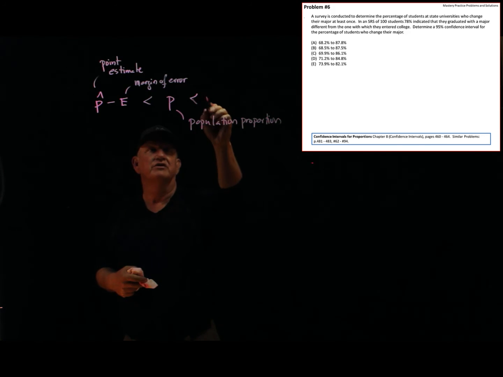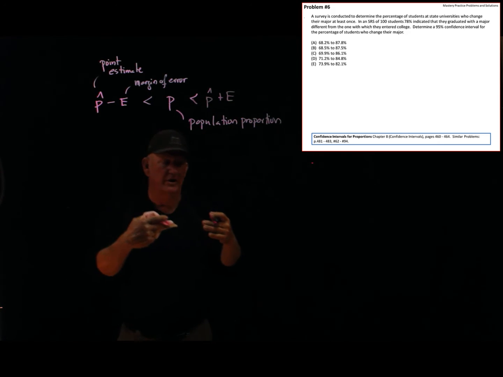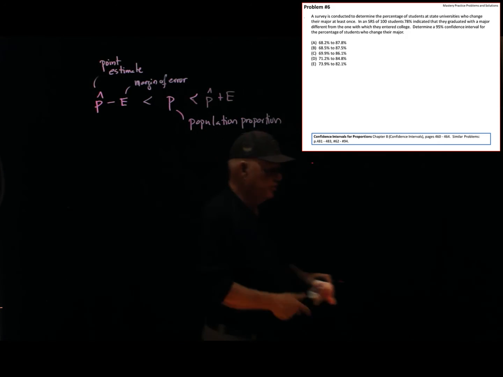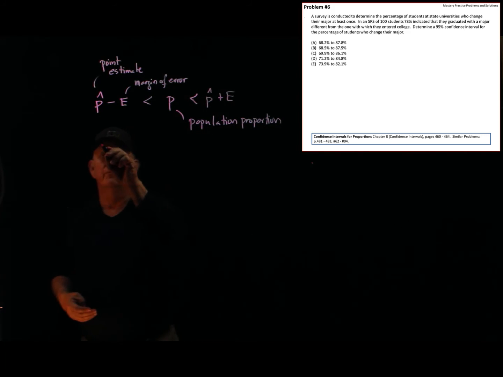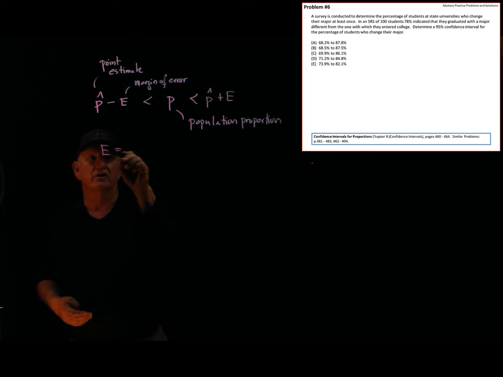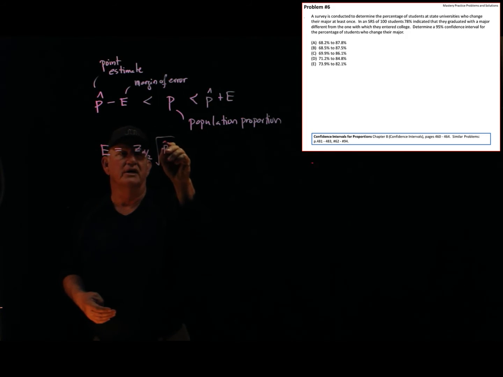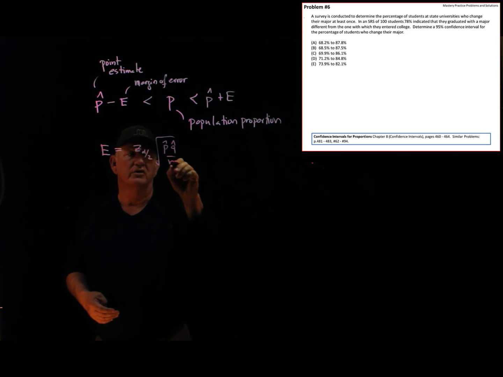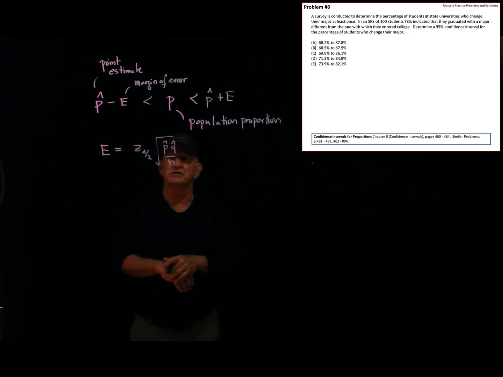So on the other side of this is p hat plus E. And whether you're working with proportions or means, you'll find a different formula for the margin of error. In this case, this is Z alpha over 2 times the square root of p hat, q hat all over n. All right, and we'll work through those problems in just a second.